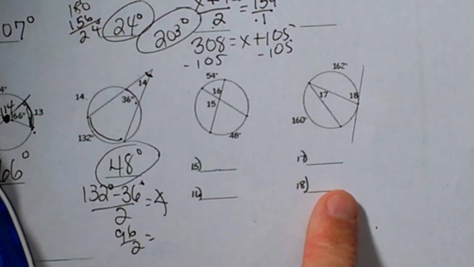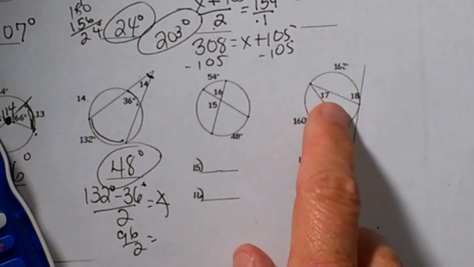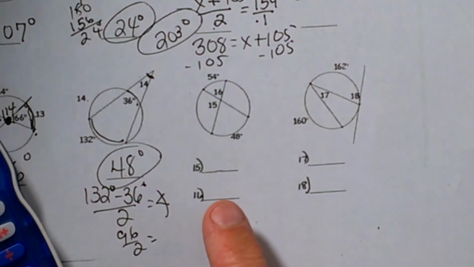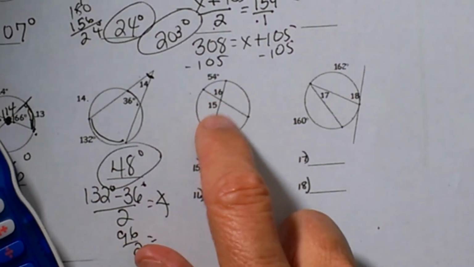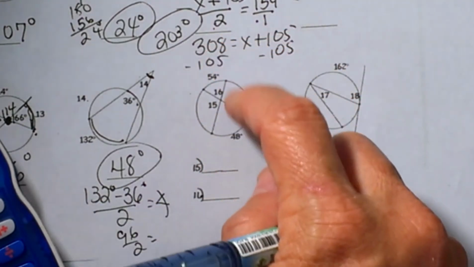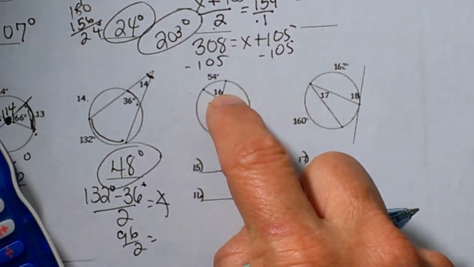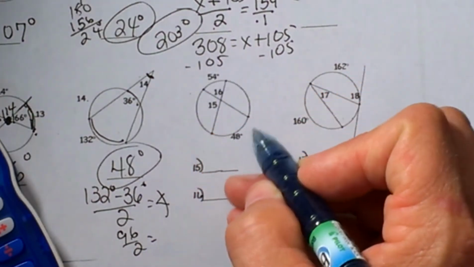Now these next two have two parts. So we've got a 15 and a 16 and a 17 and 18. So let's try to figure these out. Okay, 16 and 15, they're both those angles that are in the circle but not at the center. So we're going to have to average and find the angle, aren't we? So let's average 54 and 48.